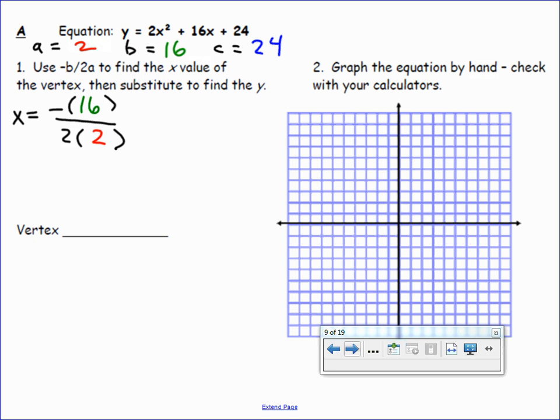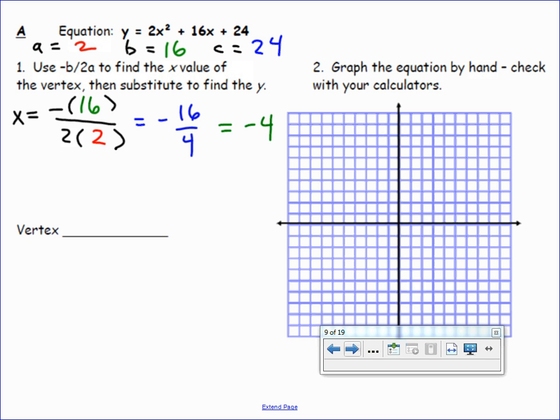Opposite of 16 over 2 times 2 is negative 16 fourths, which reduces to negative 4. So I would expect my x coordinate of the vertex to be negative 4, and my axis of symmetry is going to be negative 4.